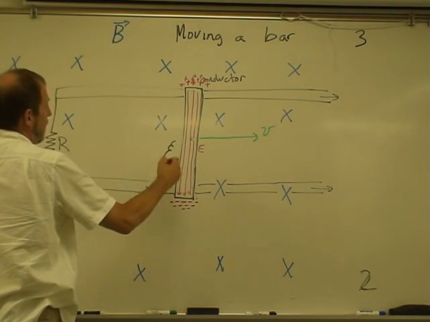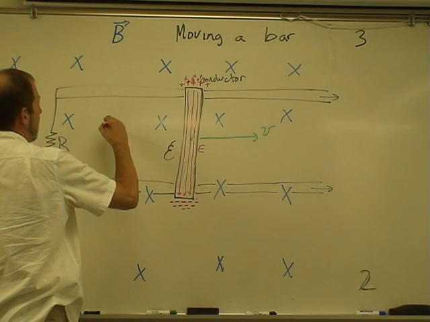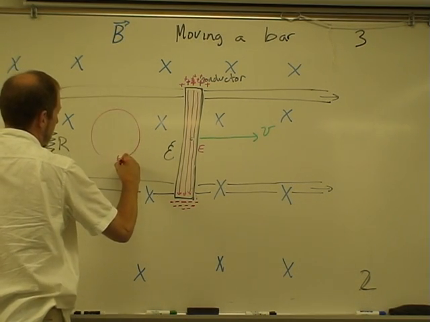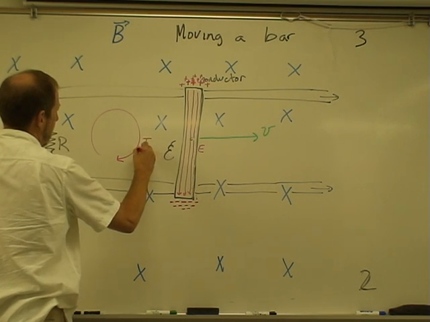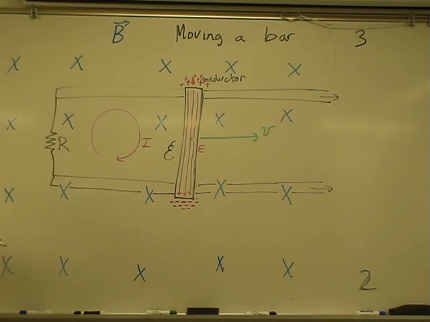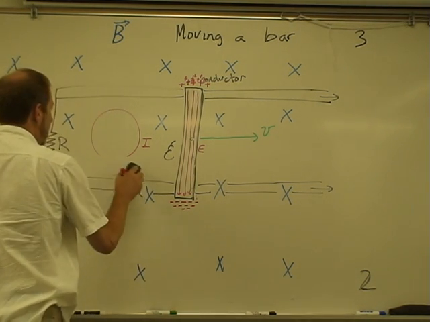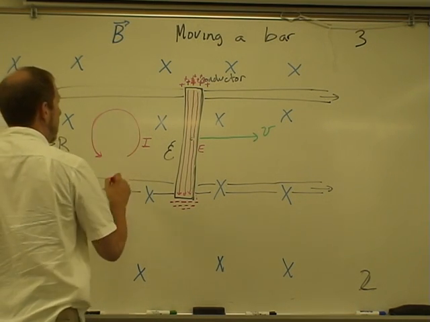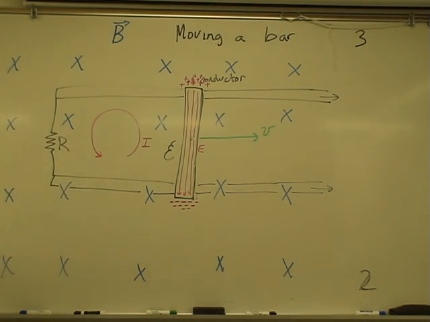Let's see, positive here, negative here. So the current will flow in that direction. It establishes an EMF, and it'll establish a current in that loop.